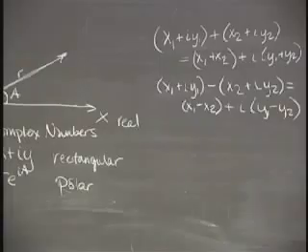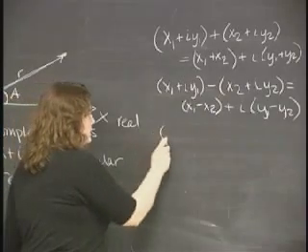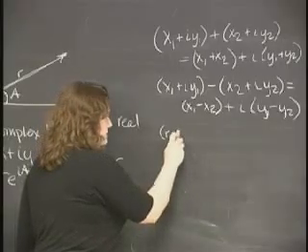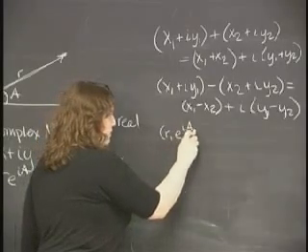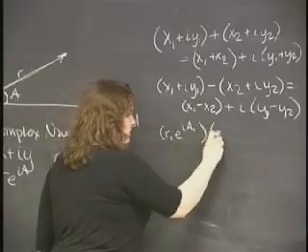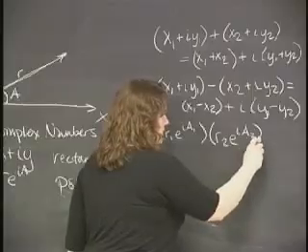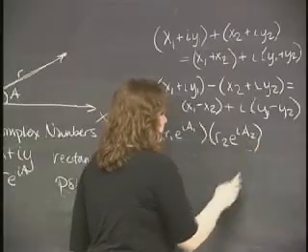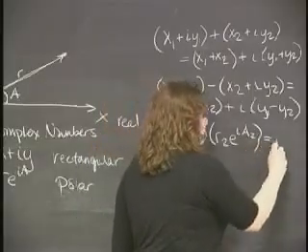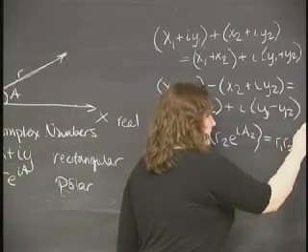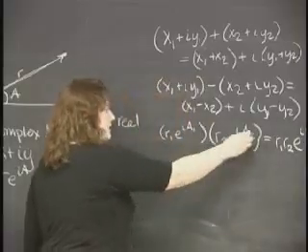Yeah, so that's addition and subtraction of complex numbers if we're using rectangular. Now, if we're going to multiply the numbers, which form is probably going to be easier to use? Polar. So if we've got two polar numbers, r1 e to the i a1 times r2 e to the i a2, that's going to be equal to r1 times r2 e to the i, what are we going to do to these angles?